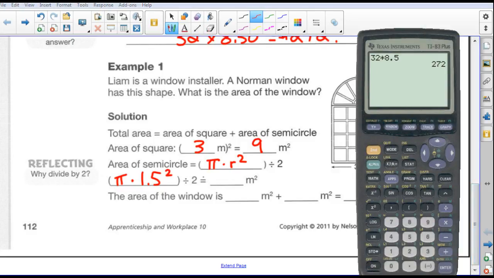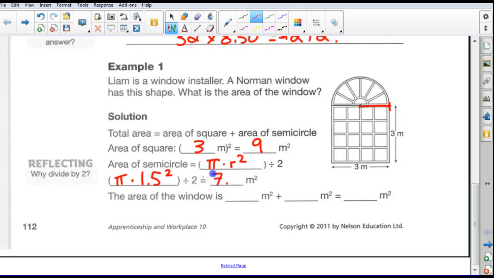So let's take our calculator. I take second function, pi, multiply that by 1.5 squared, and I get an answer of 7.068. Let's round it to the nearest hundredth, so 7.07 meters squared.